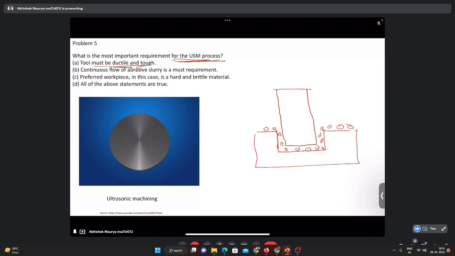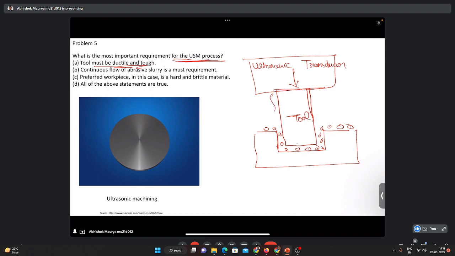I told that the purpose of the tool is to transfer the vibration and load from the ultrasonic transducer. So this is the tool.